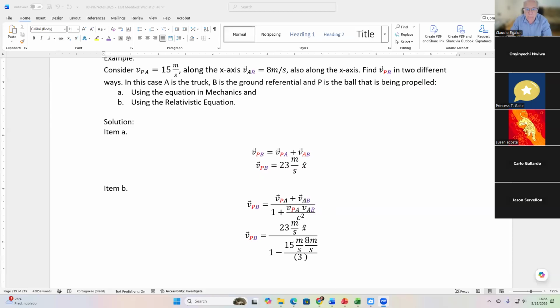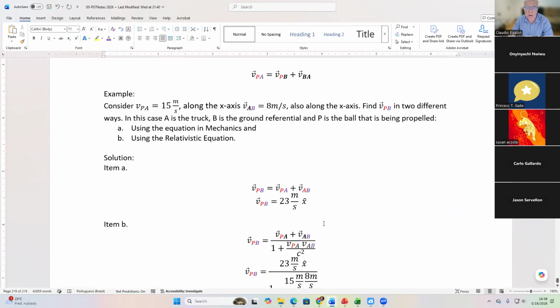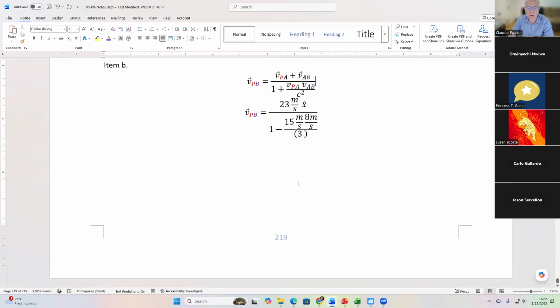Okay. So we must multiply 15. Do we have a positive or negative here? Let's see here. Yeah, we have a positive. So why did I put negative here?